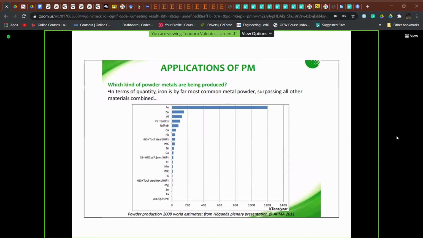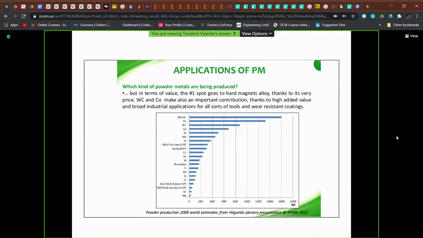But if we see, not in terms of quantity, but in terms of value, what we can see from this graph is that this technology is the most important technology for the fabrication of neodymium iron boron alloys, which are essentially materials used for magnets, so for magnetic materials.